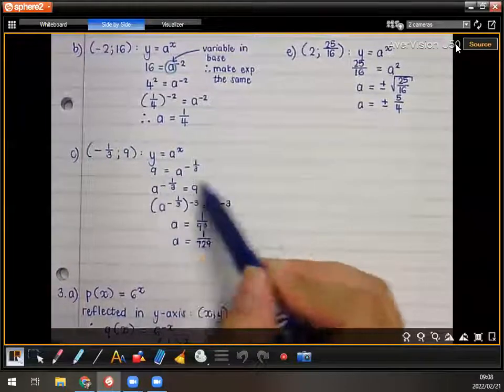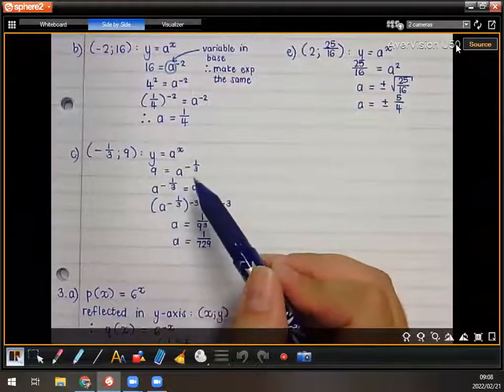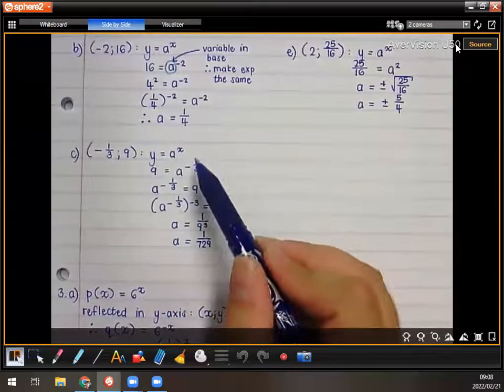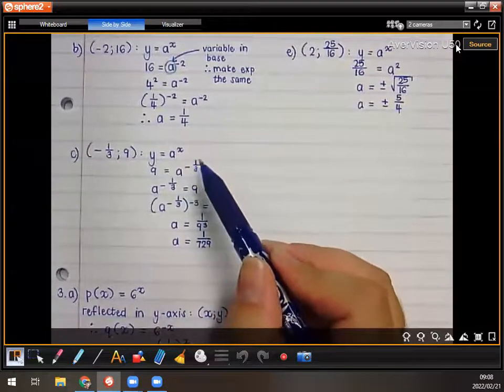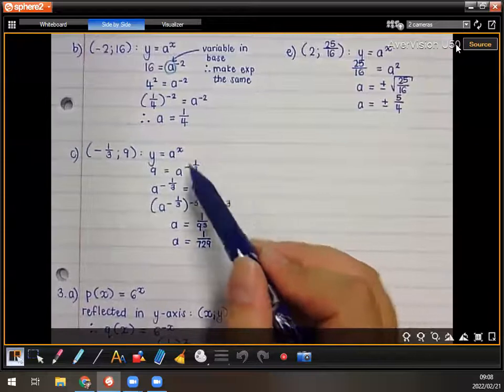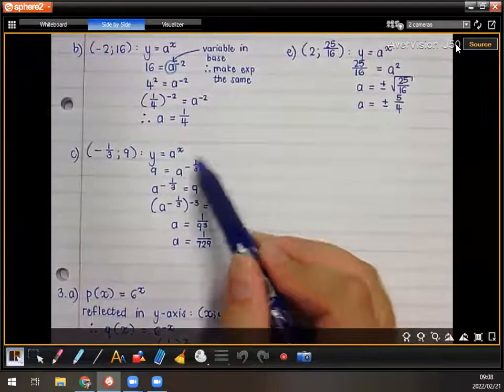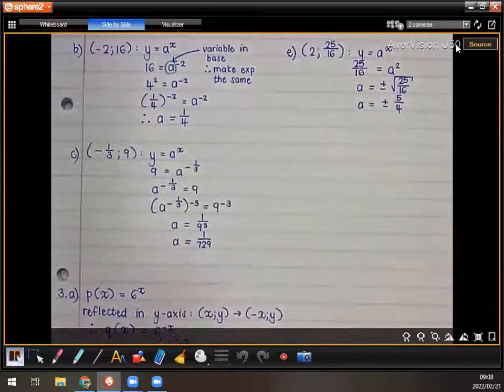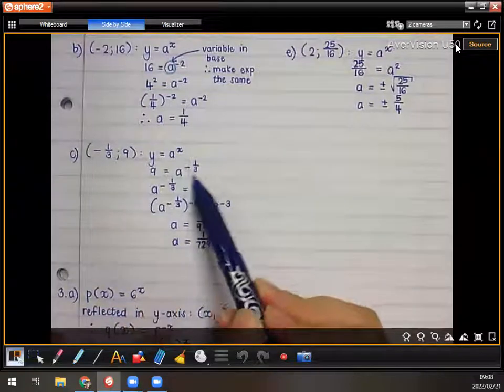Now guys, in grade 11, quite early in the year, about this time, we did exponents and exponential equations with a rational exponent, where the exponent is a rational number, so a fraction. So what you do in this case is you have to raise both sides to an exponent that will cancel out the -1/3.